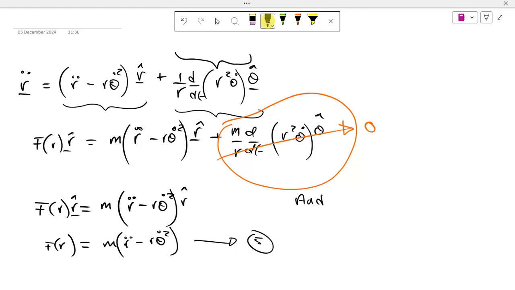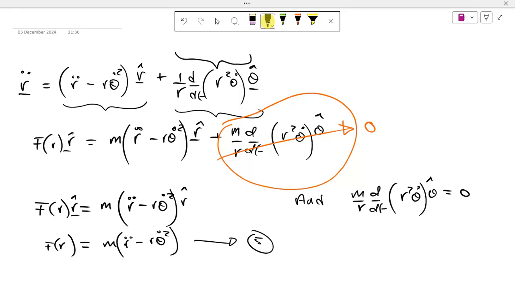And we've got m over r d by dt of r squared theta dot theta hat equal to 0.